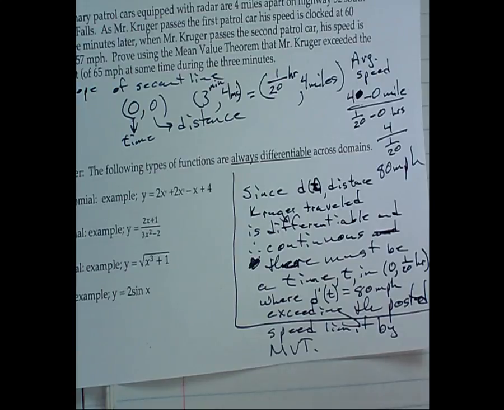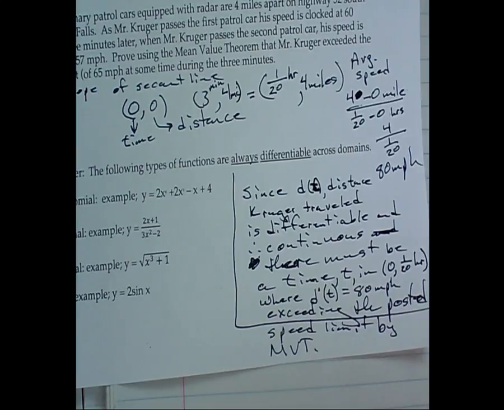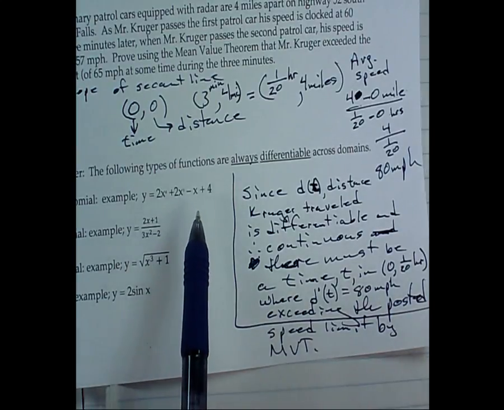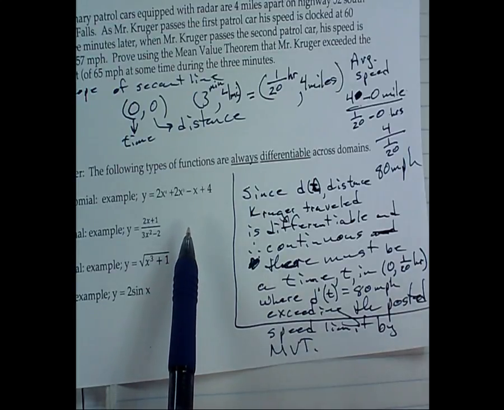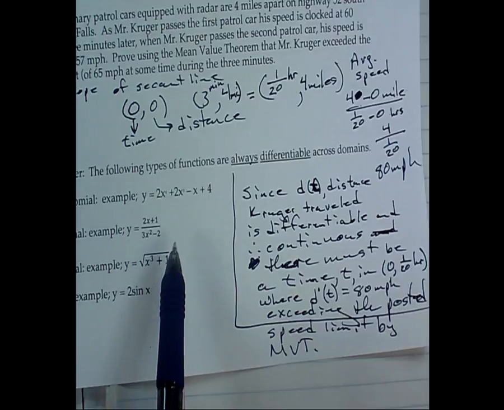Now, there are certain functions that are always differentiable in their domains. Remember what domain is? It's only those numbers that get invited to the birthday party, correct? All polynomials invite all children to their parties. Does everybody know what a polynomial is? It's where your exponents are positive integers.